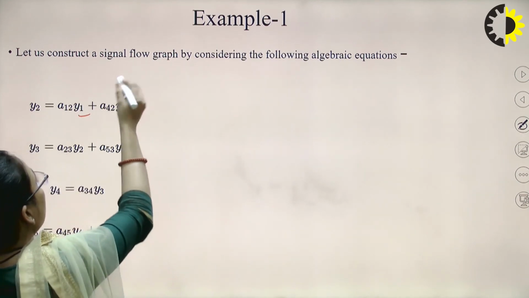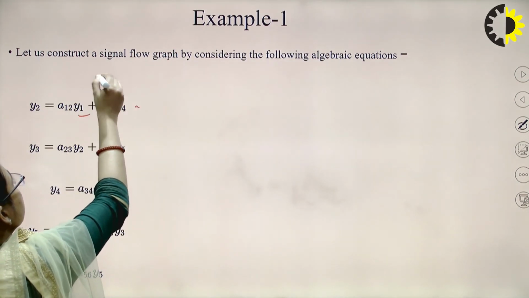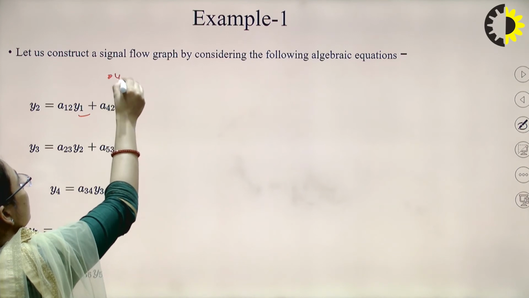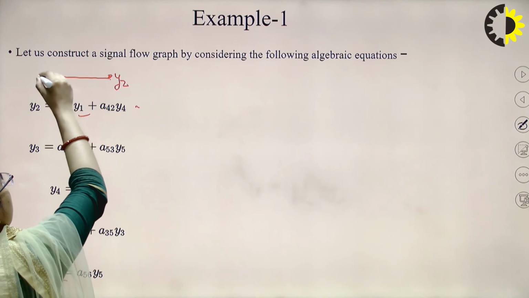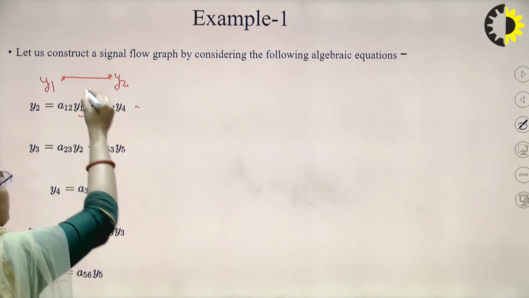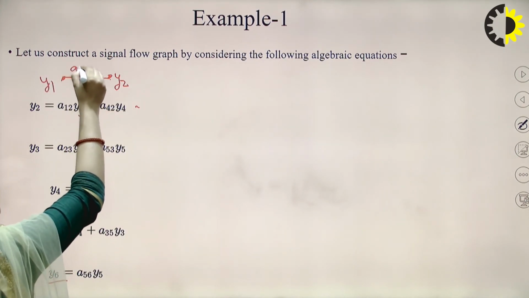So let's draw them one by one. Let's say this is y2, and node y1 is connected to it, and the gain is a12 here.